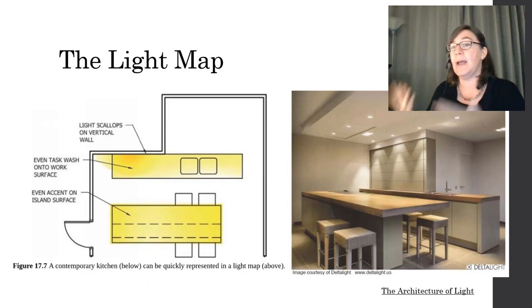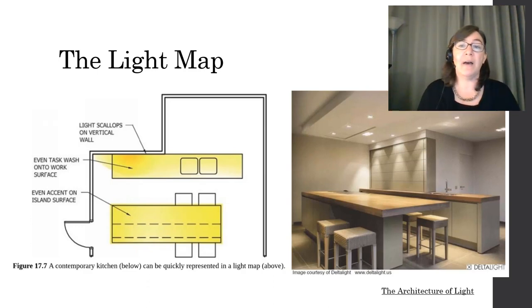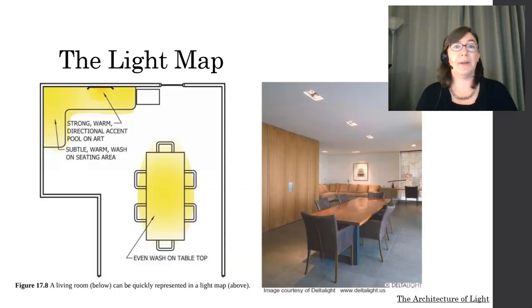On the right-hand side, we've got an idea of what this kitchen could look like in real life. Another example, on the left, the light map. On the right, the actual space and how this design turned out.